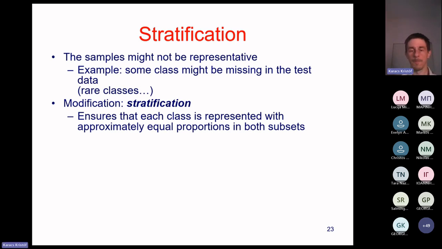And if you pay attention to stratification, you can avoid the problems caused by rare classes in the unbalanced data set.